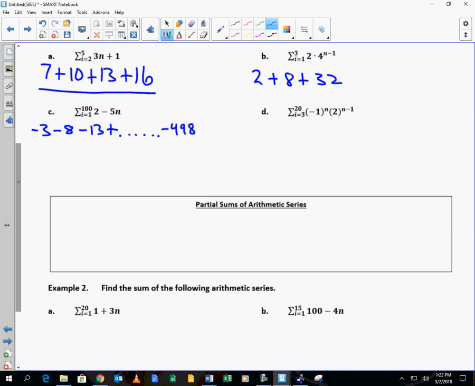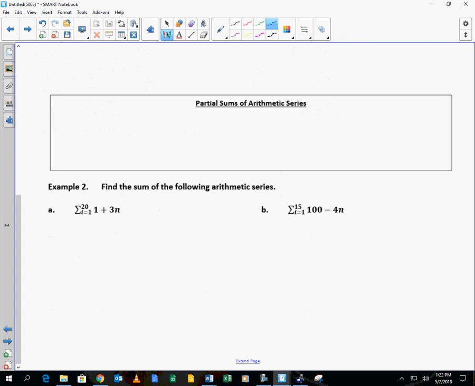So we'll skip D. What we like to do is take a finite group. That's not infinite. There's a set number of terms. And we like to be able to add them up. Let's think about what Gauss did. What did he do to add up the numbers 1 through 100? He took the first plus the last.